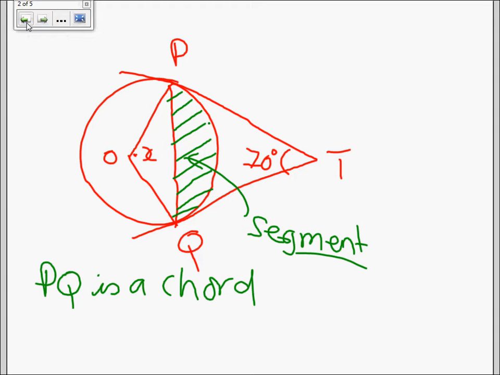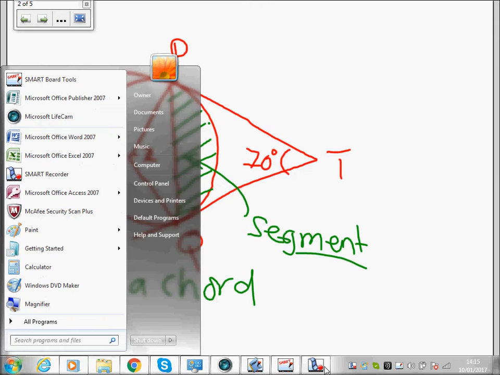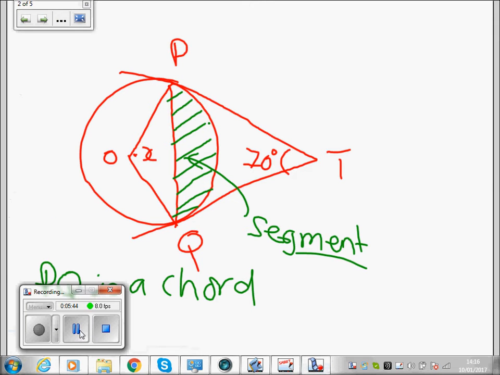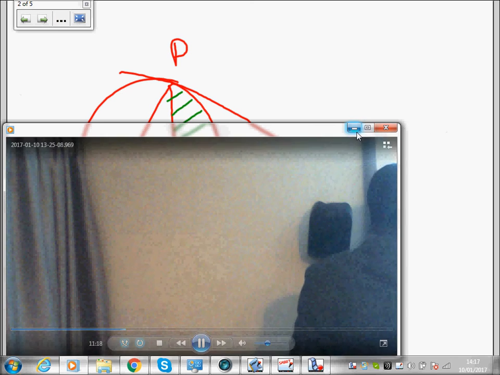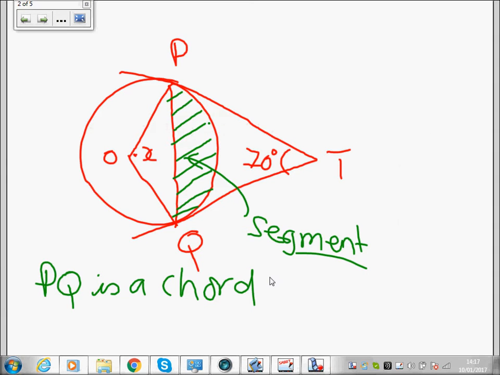So POQ is a sector. POQ is a sector. I beg your pardon. Hello? Here we can see there's a segment here. That is a segment. Right?